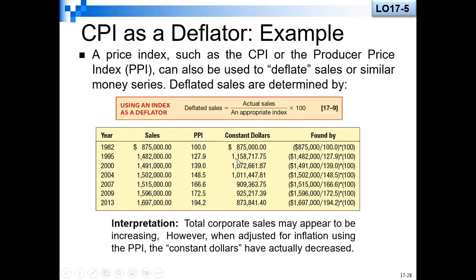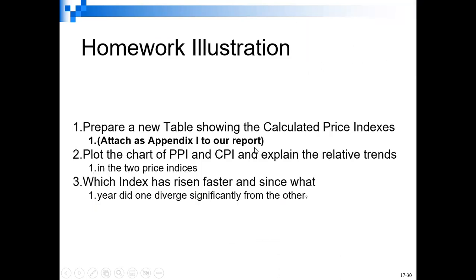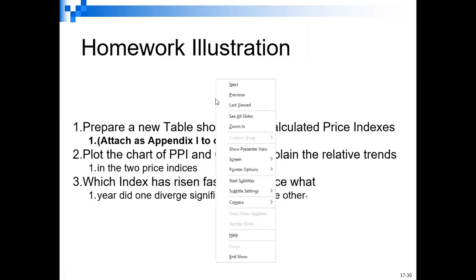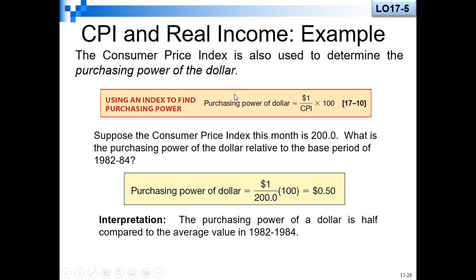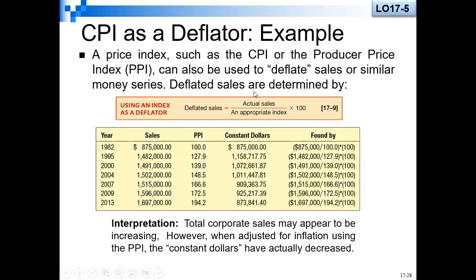And so in current dollars, of course, if you divide 875 by 875, the value of output is 875. Now, even though in 1995 your sales came to 1.482 million, the PPI, the price index, was 127.